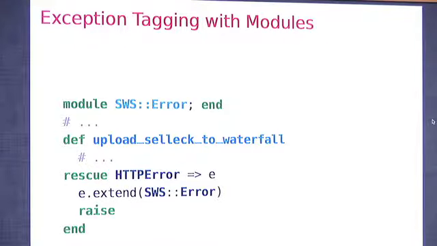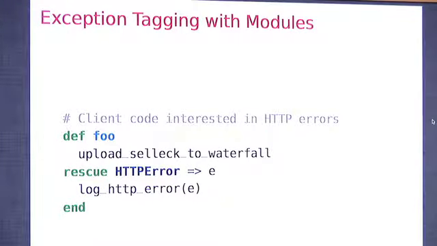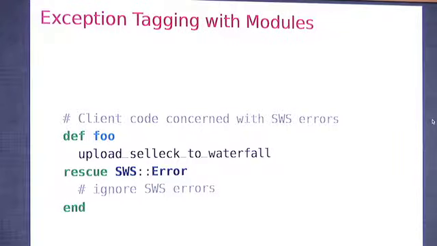So raise, given nothing else, will re-raise the current exception. And now both of these pieces of example code are happy. One can switch on the fact that it's an HTTP error. The other can switch on the fact that it's an error from this specific library, and they're both happy.